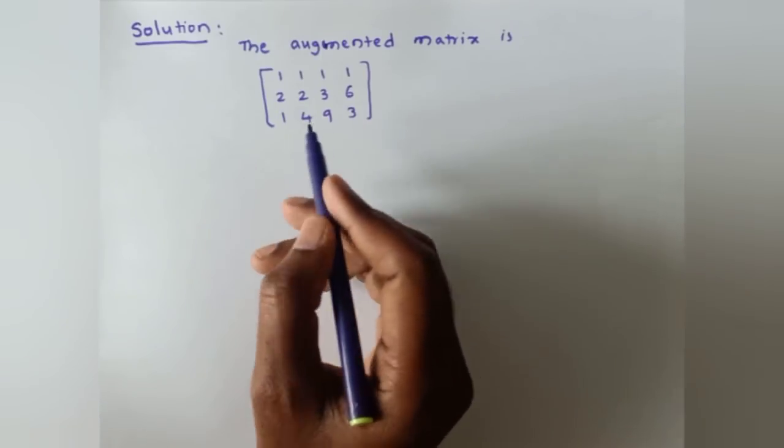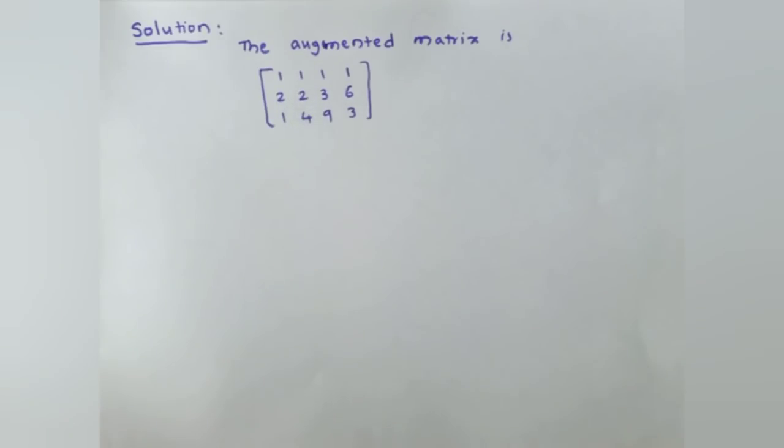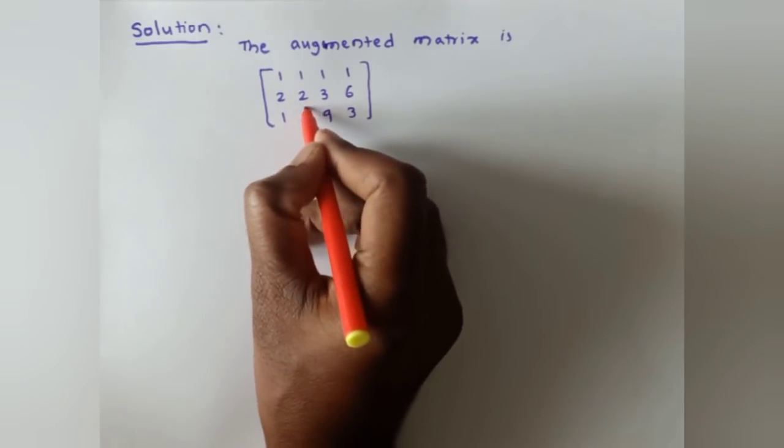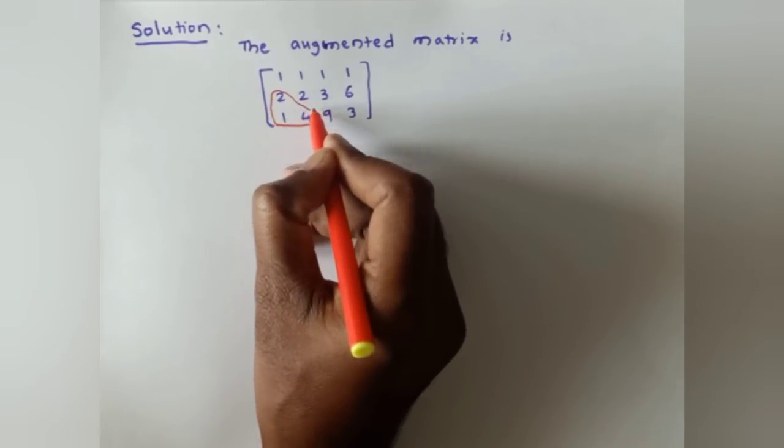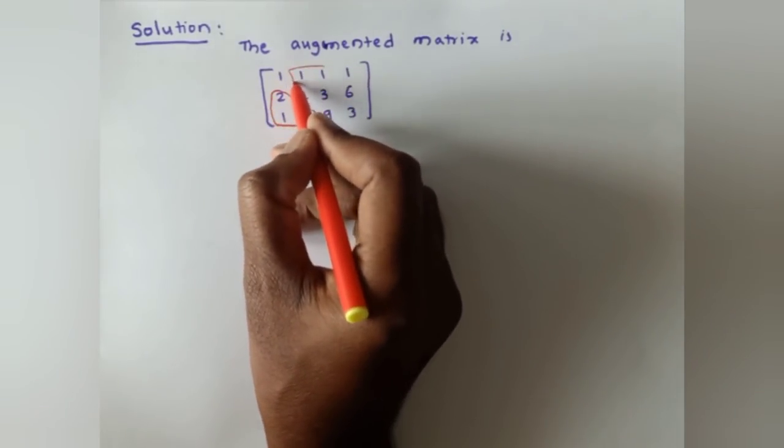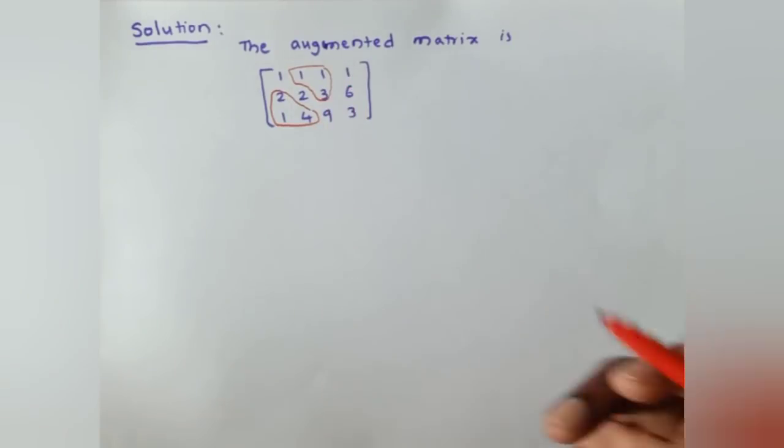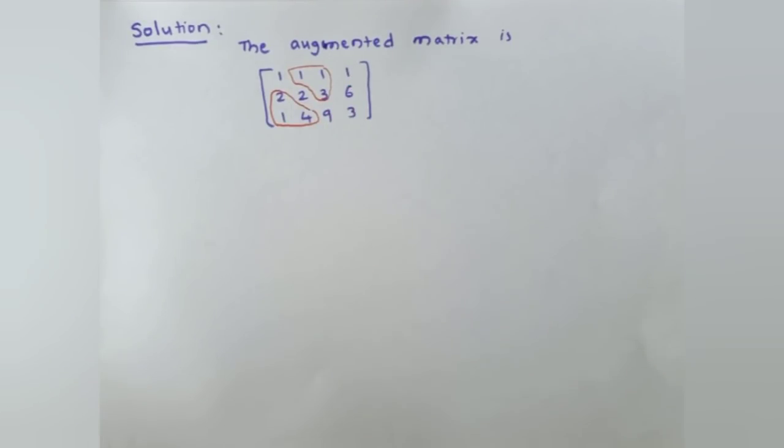Now try to make these elements 0. You can use any row operations.